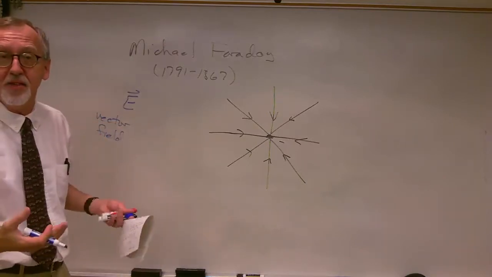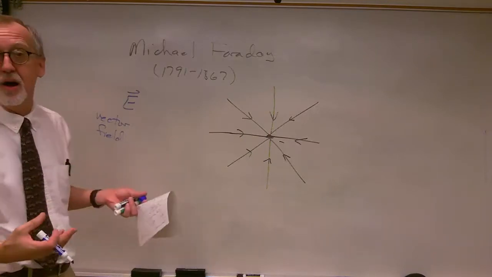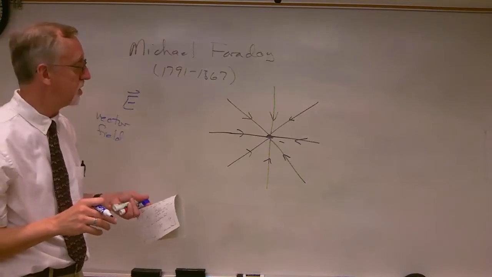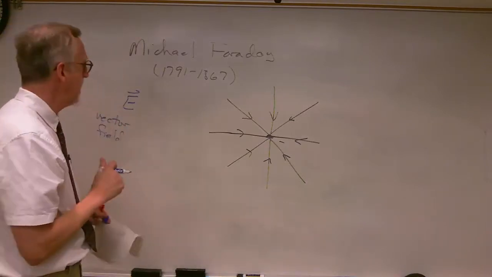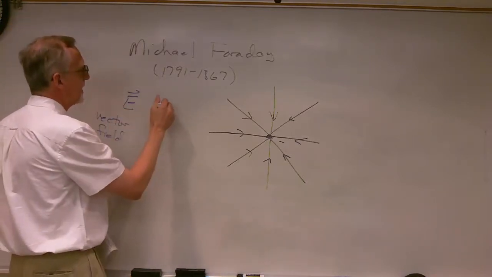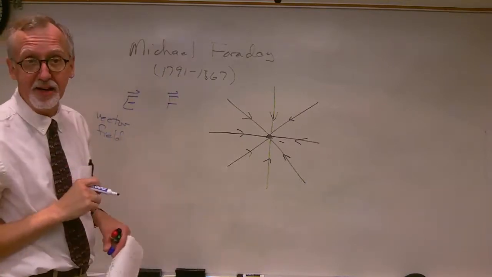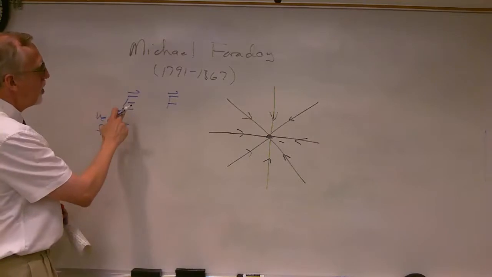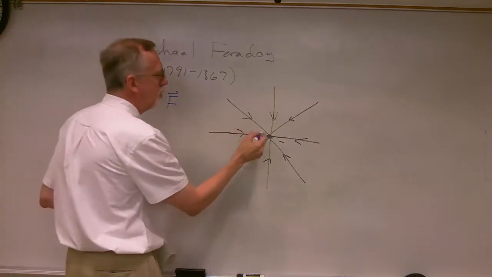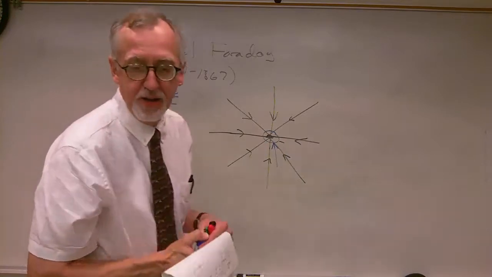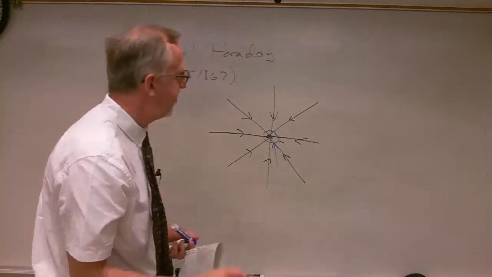We've used the idea that the electric field depends on the strength and the direction of the force that acts on a test charge. So we'll say that this electric field is somehow related to the force acting on a test charge. But we want the electric field to only depend on the charge here, not on the test charge.